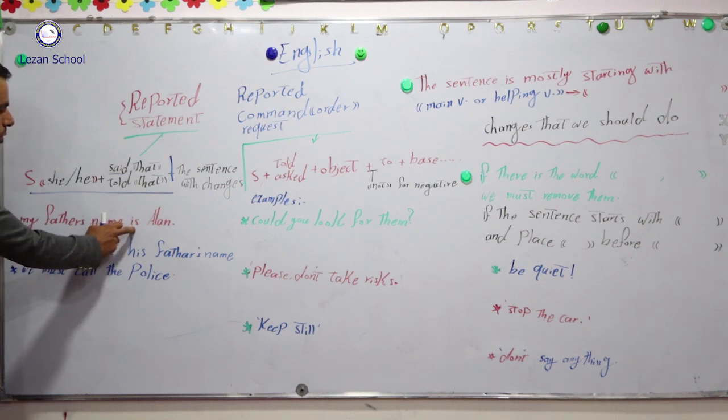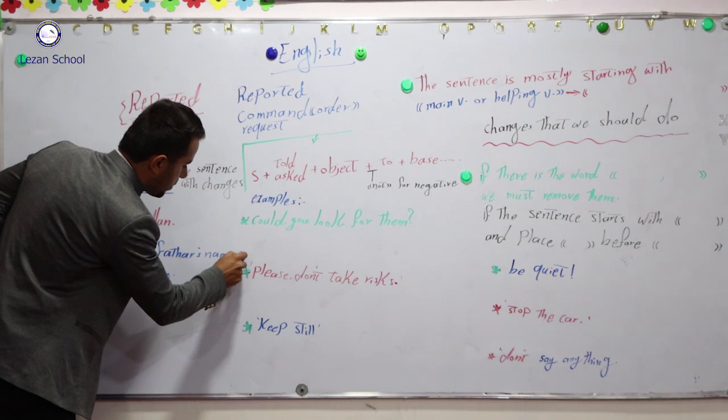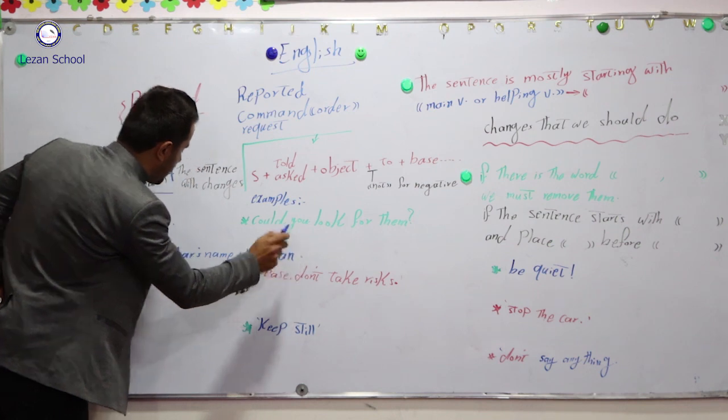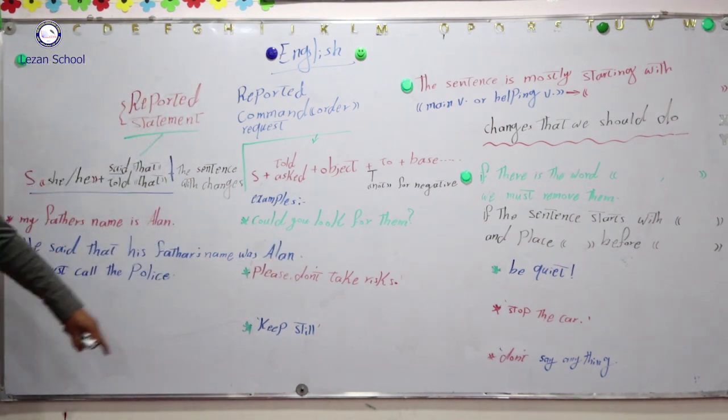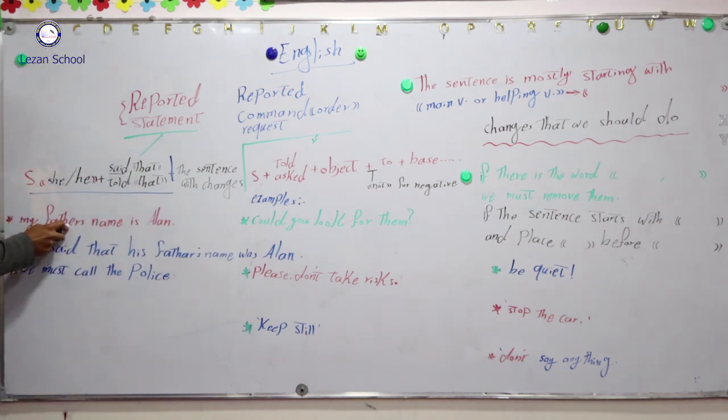We use is with a singular subject in present, but it is a helping verb. But which helping verb do we use for a singular subject in the past? It should be what? Was. Yes, was Alan. Or anyone else. This name is not important. What is important is that we have to change my father's name, my into what? His.